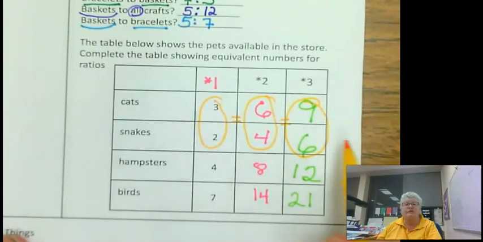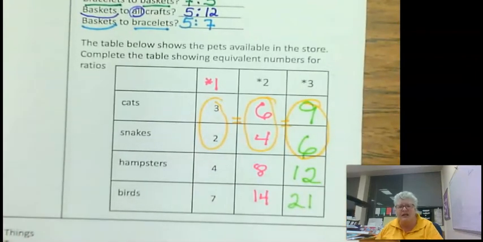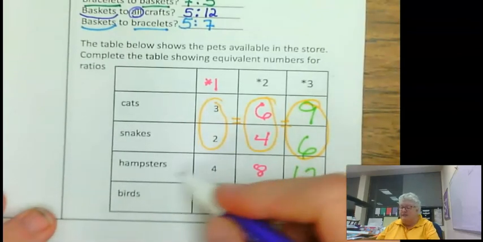Those are all equivalent. 3 to 2, 6 to 4, 9 to 6. See how it's kind of like a fraction, right? If we multiply the numerator and denominator by the same amount, the numerals we're using get larger, but the ratio is still the same. It's still equivalent.